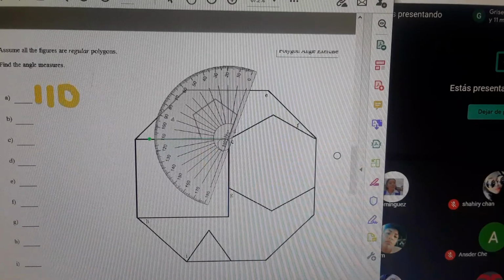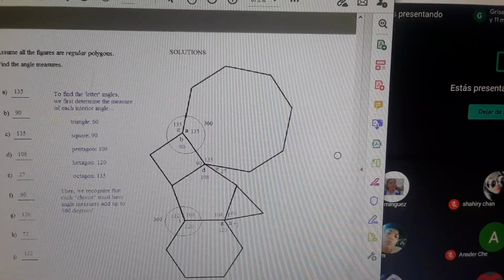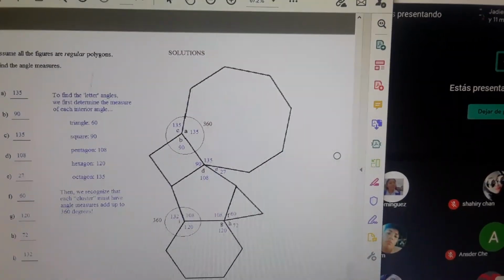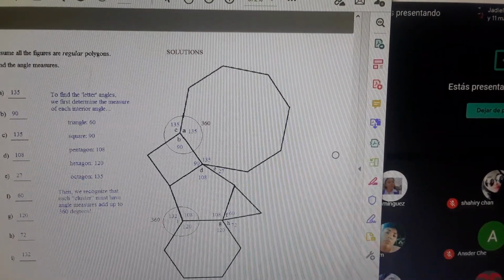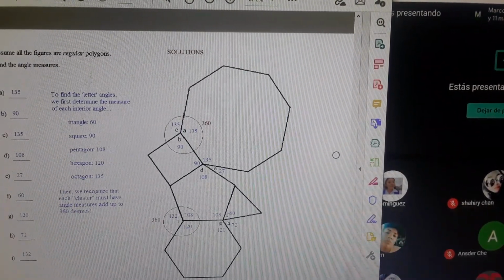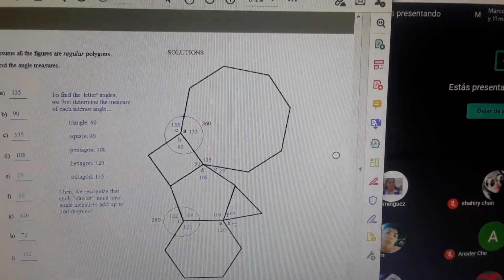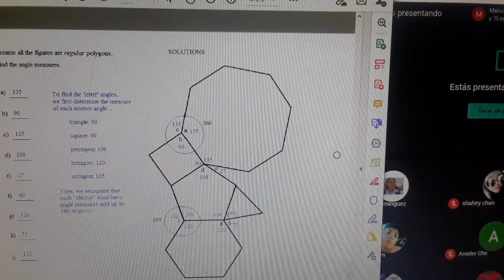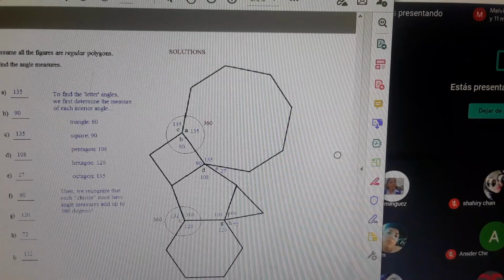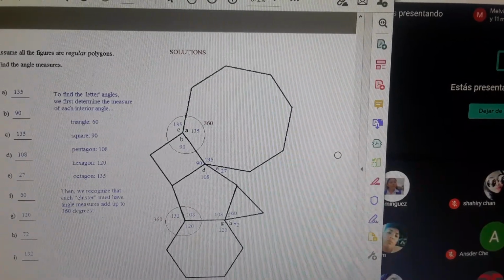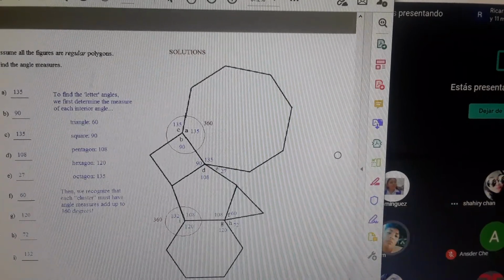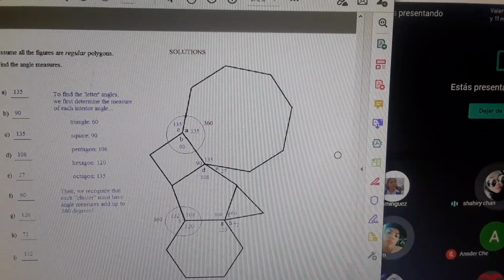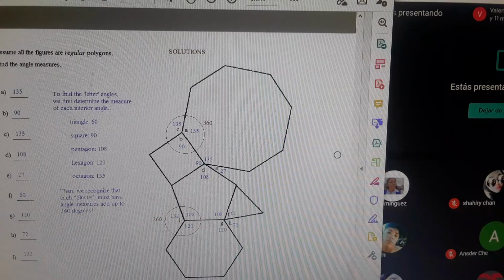Alright, so this is only an example here, okay? About how you can, if you notice here, they already find the angles. And that is what I want you guys to do. Find the angles here. No, this is just an example, okay?